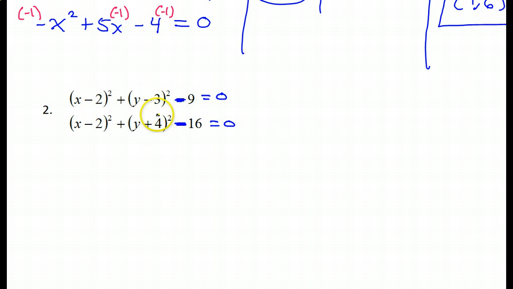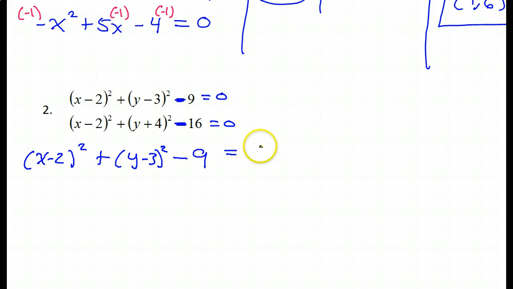Now I'm going to set these equal to each other. The top one here, I've got x minus 2 squared plus y minus 3 squared minus 9 equals x minus 2 squared plus y plus 4 squared minus 16. All right, now I've got them set equal to each other.